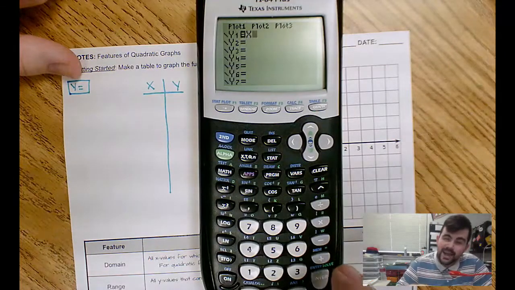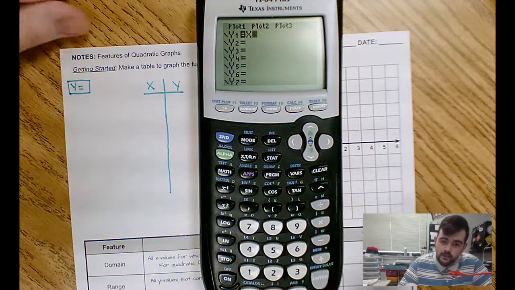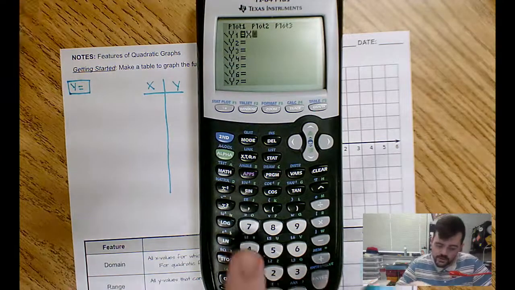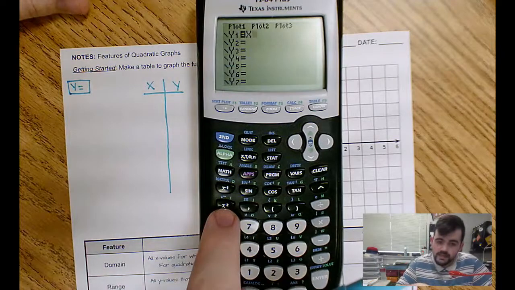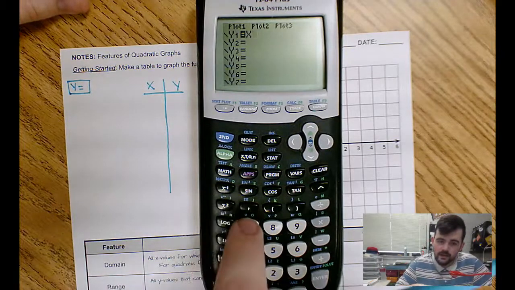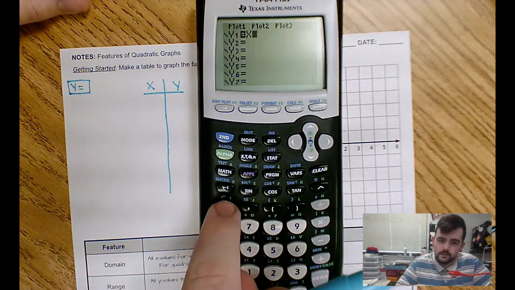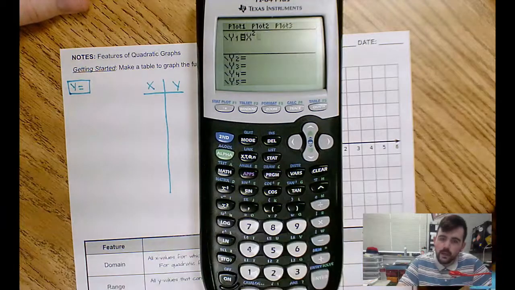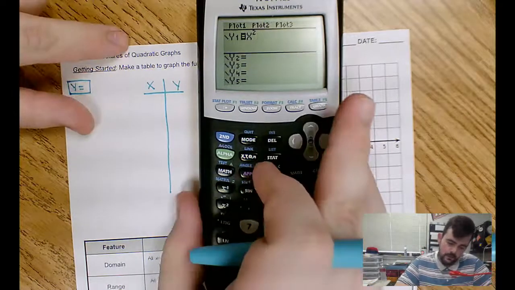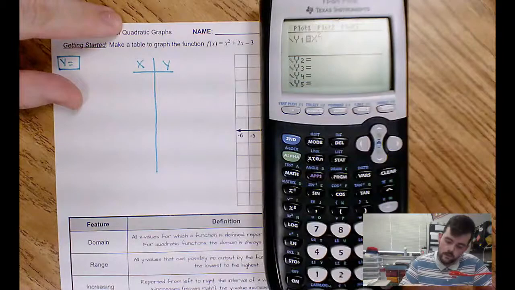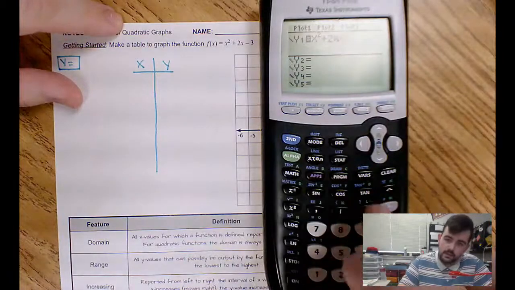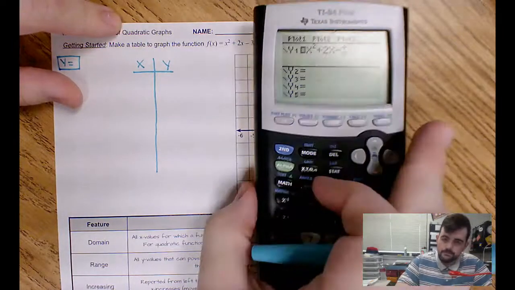Then to get that exponent 2 for the x squared, there's a couple of different ways you could do that, but the easiest one is to hit this button right here, kind of diagonal from the 7. That'll automatically pop a 2 in for the exponent. So x squared plus 2x minus 3.